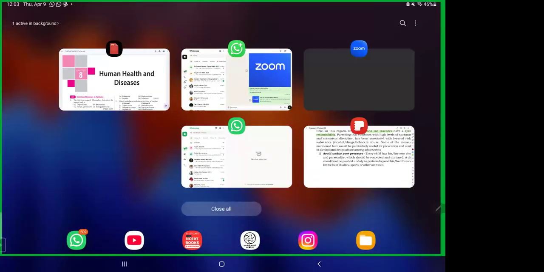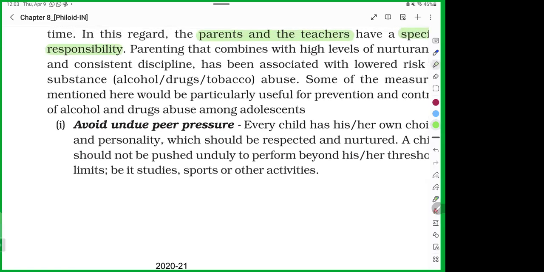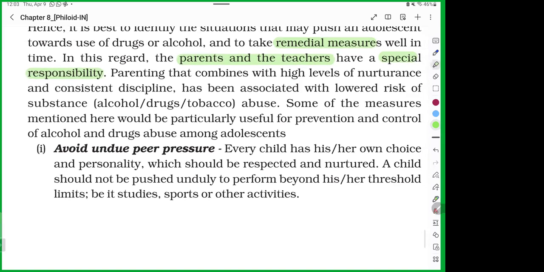Okay, so the last point, then we will discuss questions: parents have a lot of responsibility, and teachers have the responsibility to take care of what the child is doing, inform the parents about the child's behavior, correct it, and lower the risk.